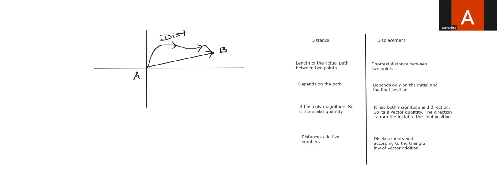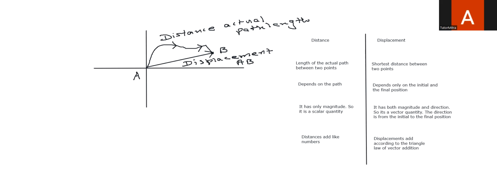This is the distance, the actual path length, and displacement is this straight line between the 2 points A and B. So displacement is the shortest distance between the 2 points A and B.